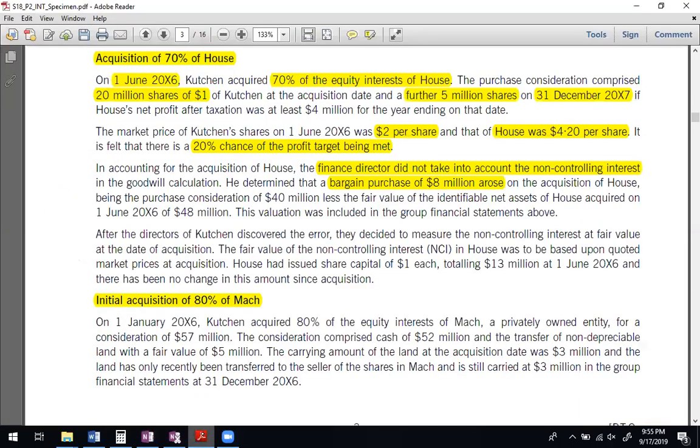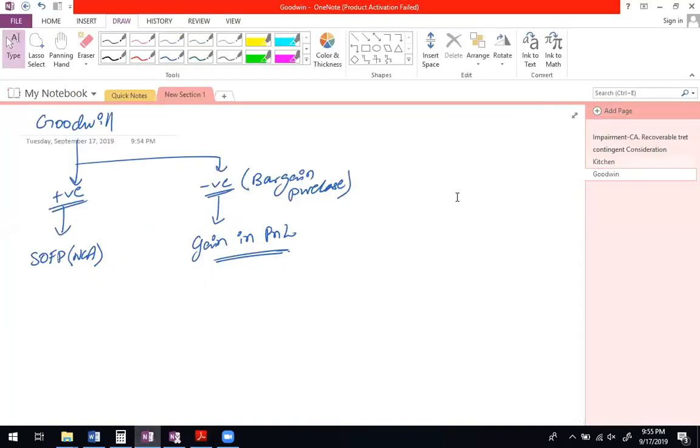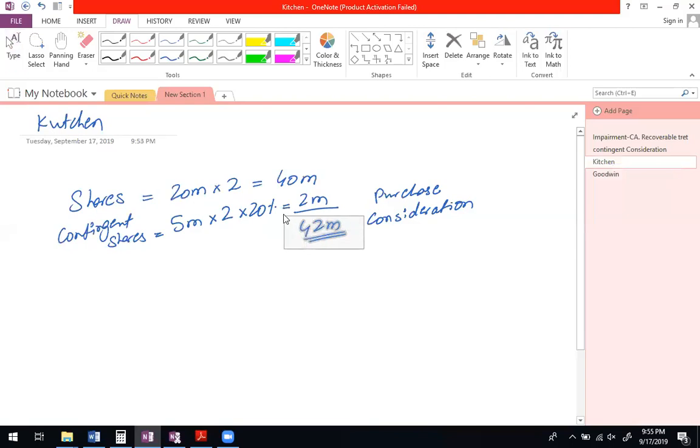So it says that the director has calculated a bargain purchase of 8 million on the acquisition of house. Being the purchase consideration of 40 million, the finance director has used 40. Although according to us, the consideration is how much? The consideration is 42.